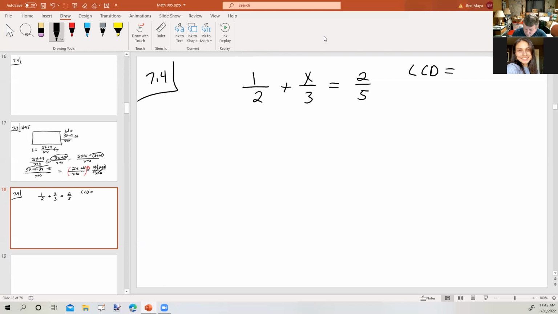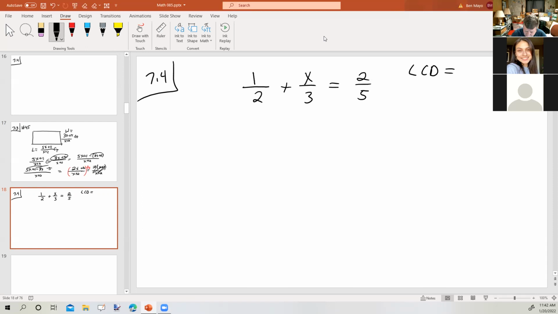Can anybody tell me what it is? 6. No. Look again. Anybody? Don't forget that 5 over there on the right side. Would it be 30?